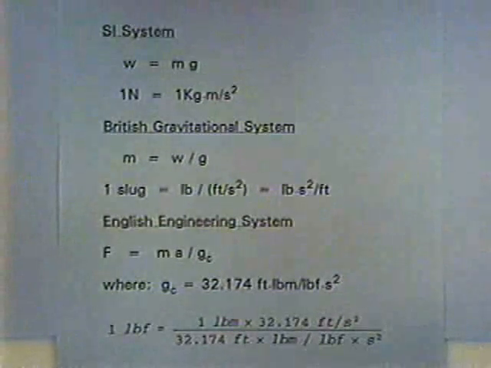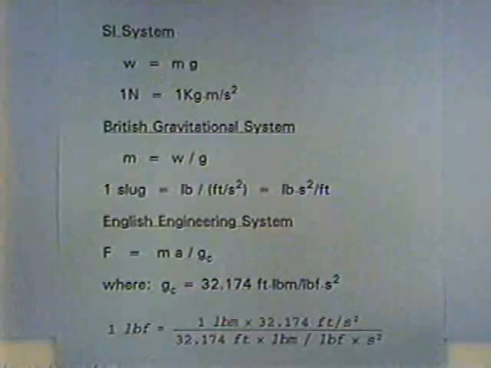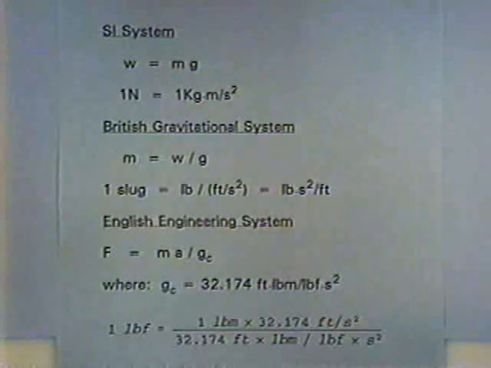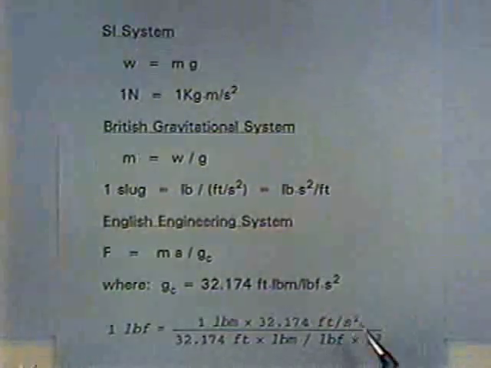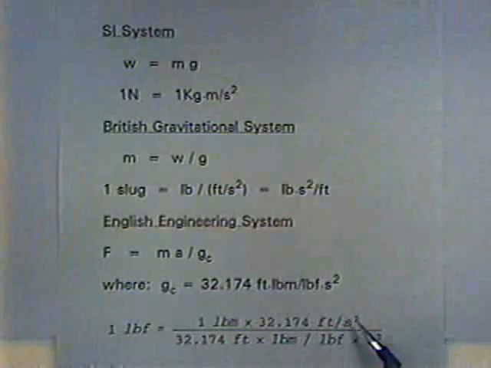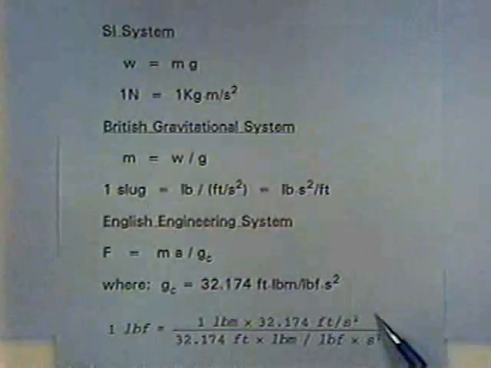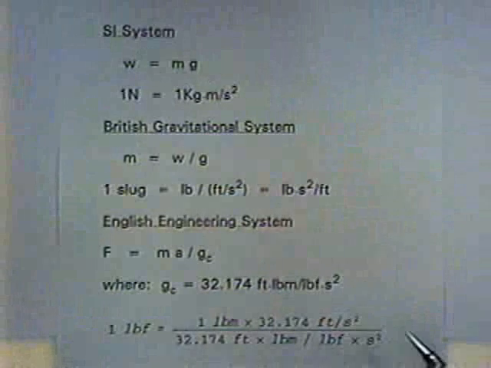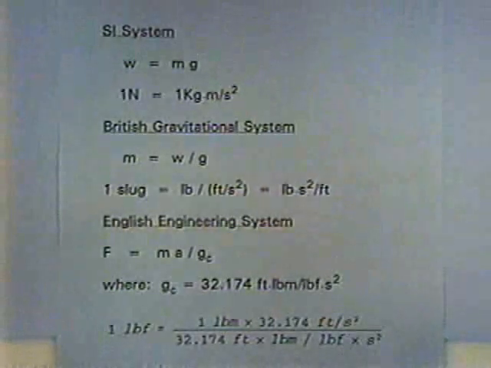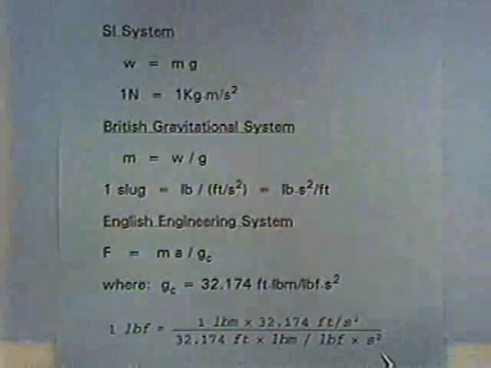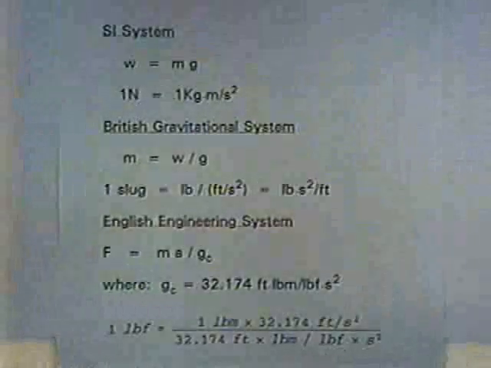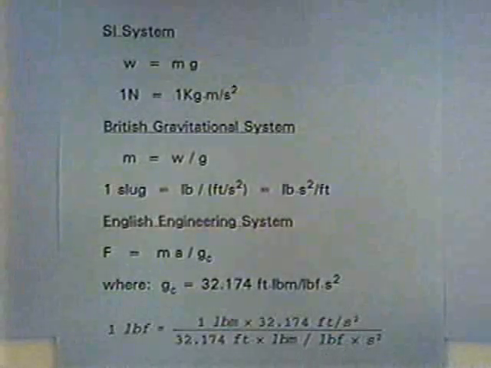And so then you can have your units come out correctly, recognizing that 1 pound force is 1 pound mass times the acceleration of gravity of 32.174 feet per second squared, and then divide by the fudge factor, the 32.174 foot times pound mass divided by pound force times second squared.